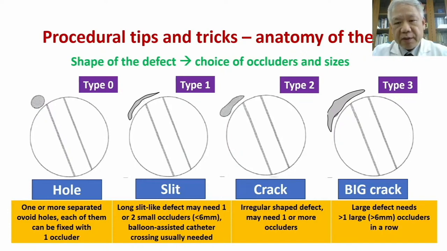Type 3 means a big crack, large defect, which may need more than one occluder in a row. For type 1 to type 3 defects, the concept of multiple smaller devices rather than one or two larger devices has been suggested to give better sealing within the PVL and less interference with other cardiac structures or outstretching of the surrounding tissues.